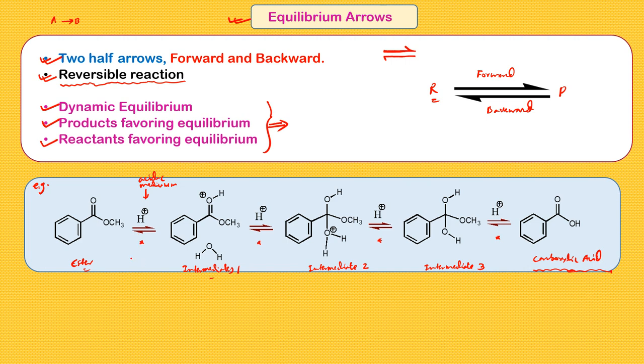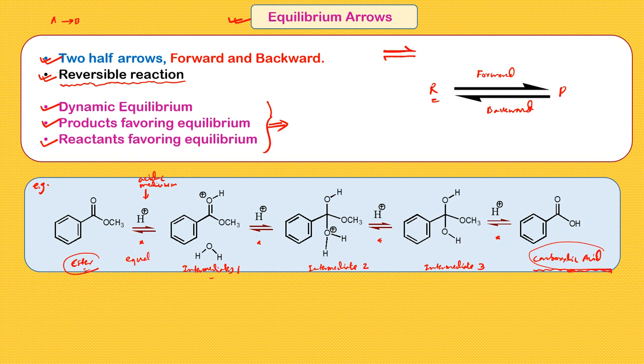So overall, this reaction, even though it looks simple, with the ester getting converted into carboxylic acid, has to pass through all these obstacles before we get the product. So that is the meaning of this. Here we are using those indications where the forward arrow and the backward arrow are of equal length.